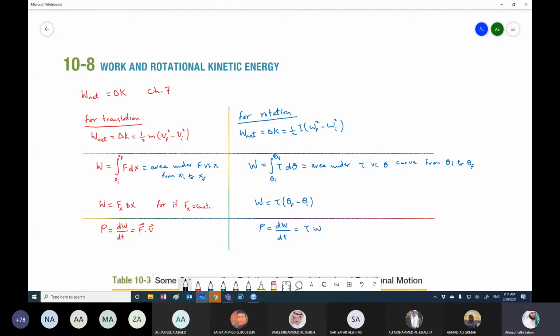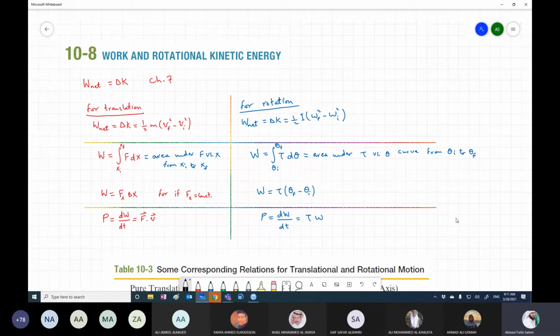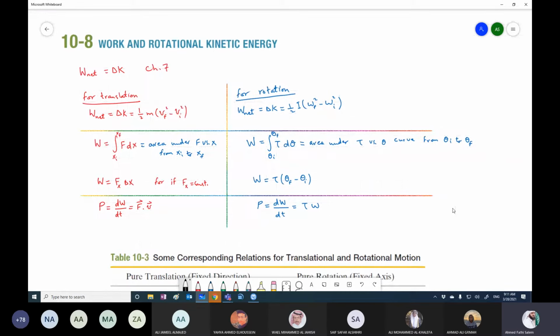What will be the situation for the rotation? For the rotation, work net is equal to delta K again, but we will not use 1/2 mv square. We'll have 1/2 I omega final square minus omega initial square. This is for the work kinetic energy theorem.